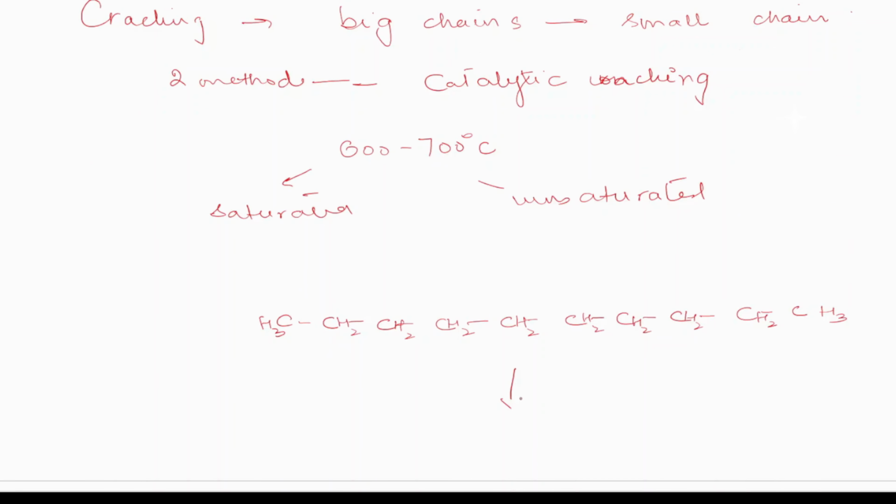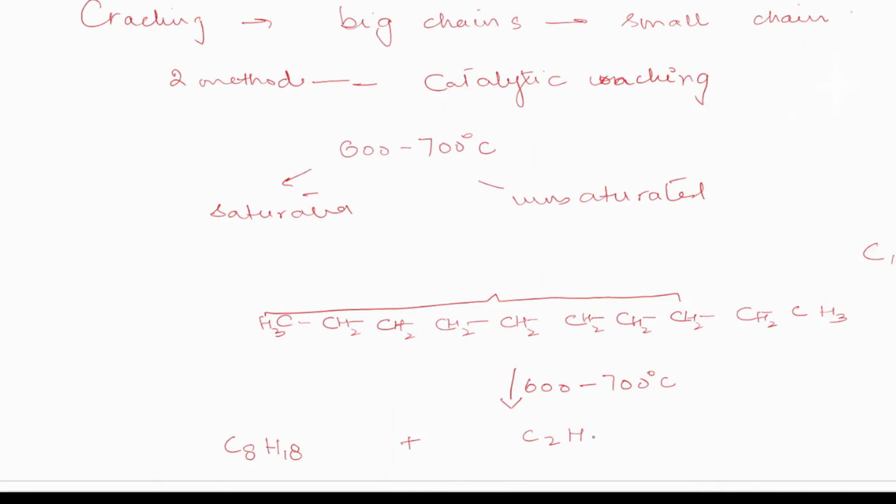When we provide it with a temperature of 600 to 700 degrees Celsius in the presence of a catalyst, it is going to break. So there would be formation of an 8 carbon chain. Let me write it properly: C10H22, yes, it's an alkane. So what is left?